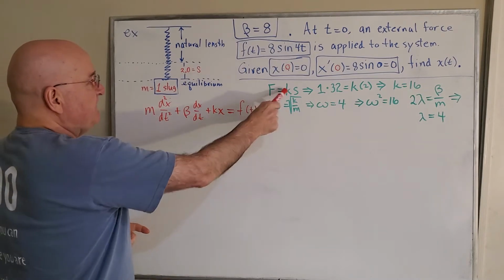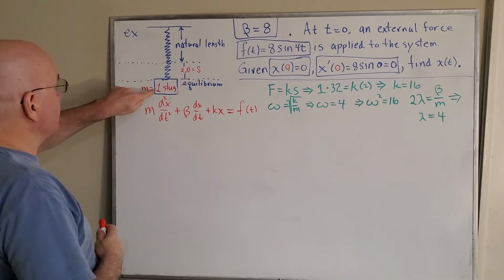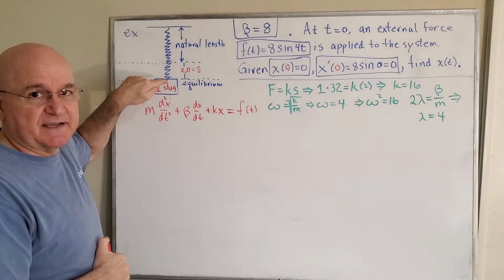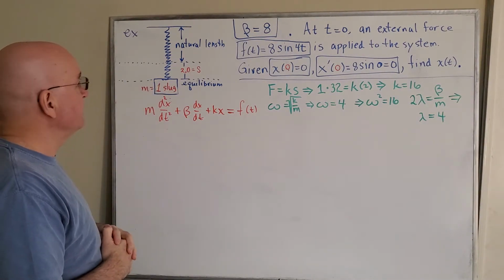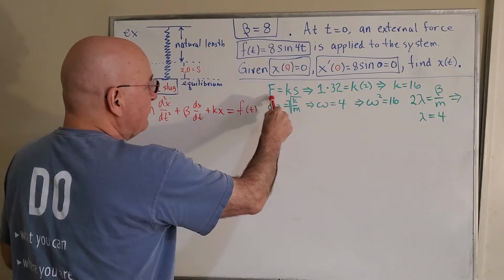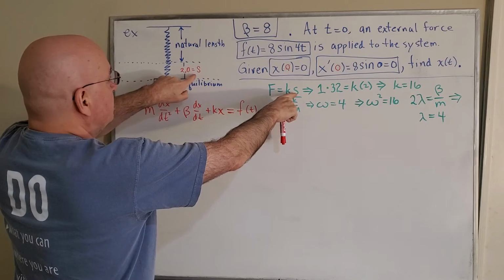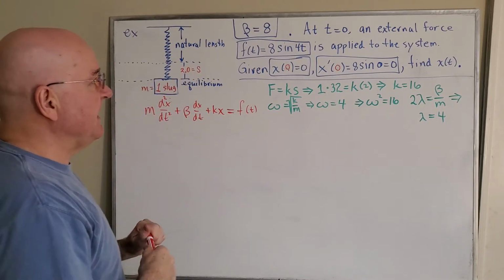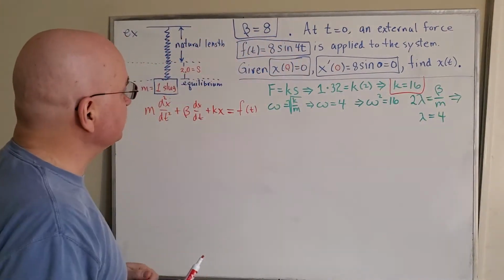Okay, so F equals Ks tells us that the force here would be 1 times 32 feet per second squared, right? Because this is not a weight, this is a mass, so we had to multiply it to make it F. 1 times 32 is equal to K times the amount that the spring stretched, which is 2. So K is 16, our spring constant.